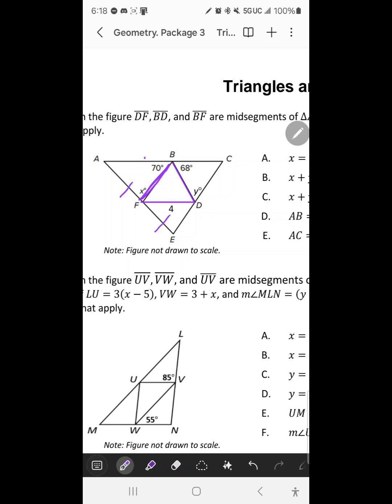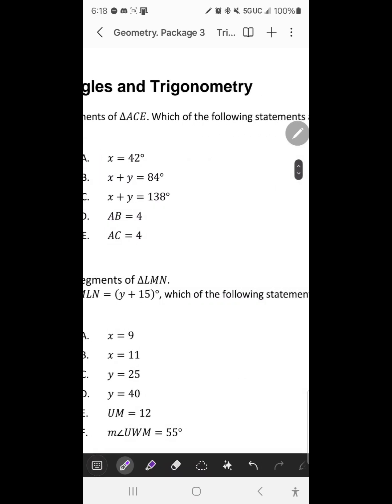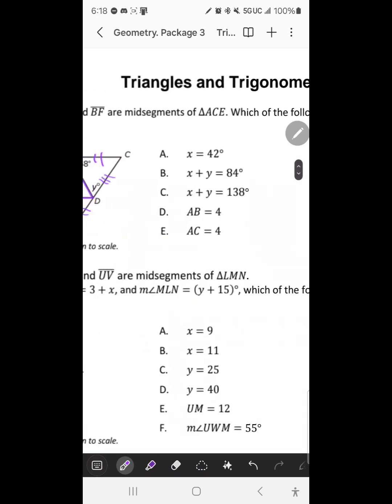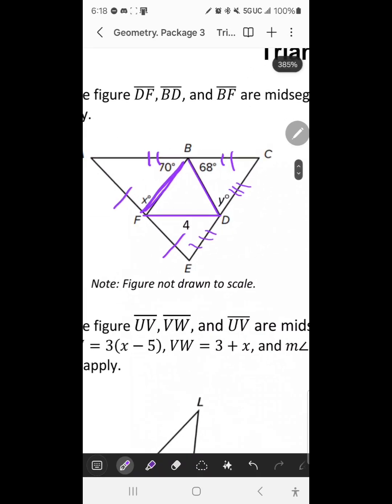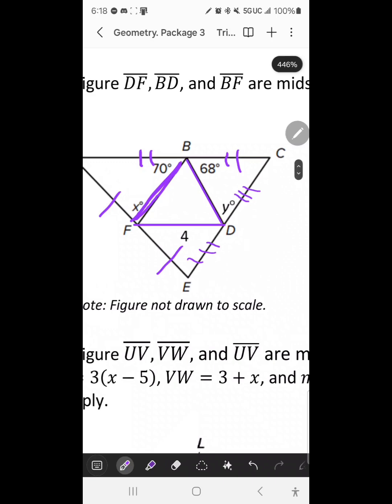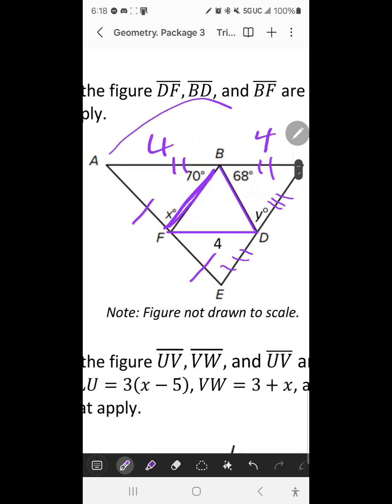So this one is equal to this one equal to this one equal to this one. Which of the following statements are true? So if this one is 4, the opposite side will be 4 and this one will also be 4. Therefore, this one will be 8 because it's the opposite side.